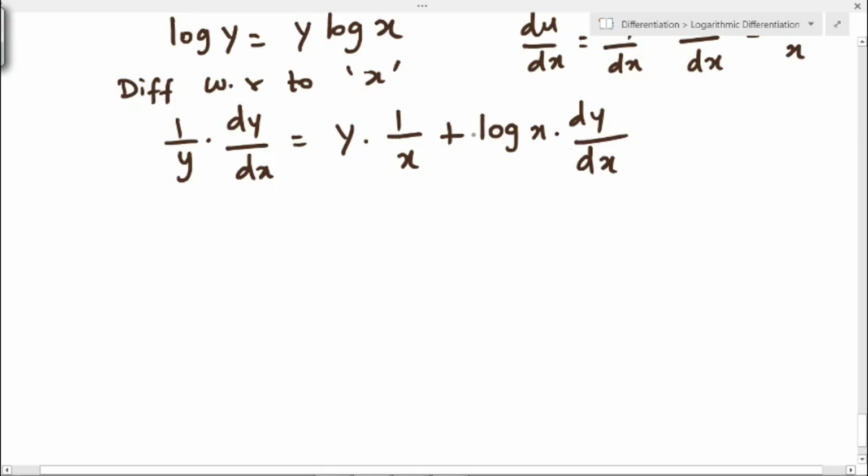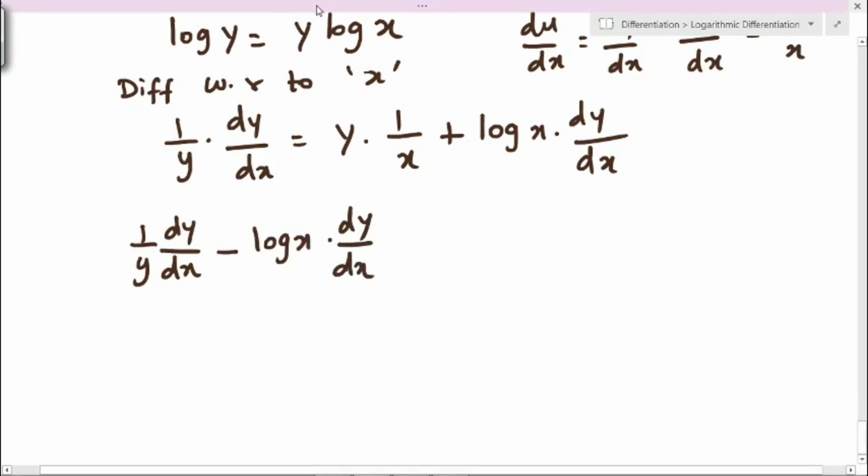So now we have to club the terms. Here the left hand side we have dy by dx and the right hand side also we have dy by dx. So just I am taking this term to the other side, so it will become 1 by y into dy by dx. If you are taking this log x into dy by dx, it will become minus log x into dy by dx, because here we have plus, right? If you are taking to the left hand side, it will become minus, equal to, so we have y by x, that is y into 1 by x, that is y by x.